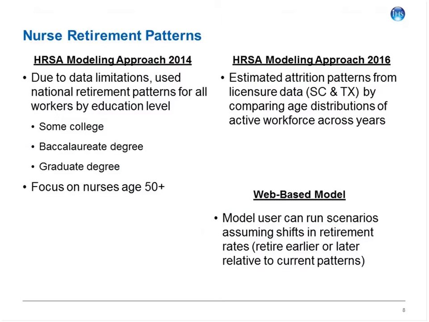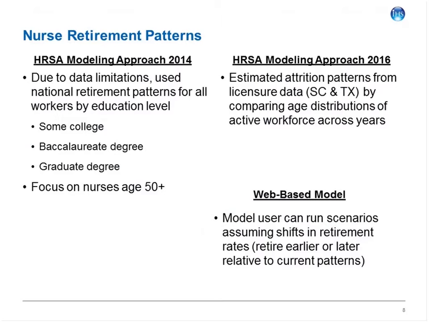So for those nurses with an associate or diploma degree, we used retirement patterns for all workers with some college. Likewise, with nurses with a baccalaureate or a graduate degree, we used data for their counterparts in the entire U.S. that had a baccalaureate or graduate degree.